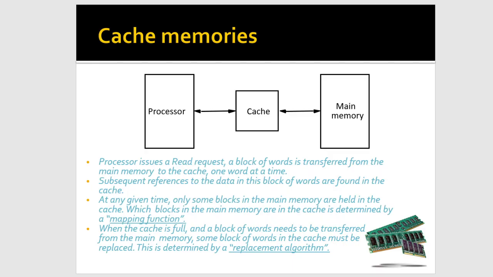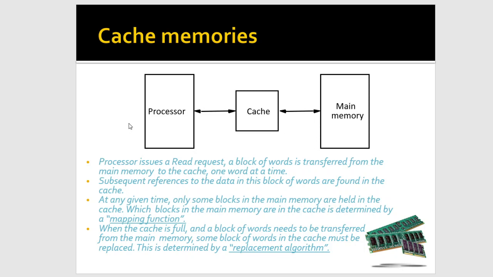So before starting with the mapping functions, let's have a look at the cache memory. Typically, cache is a memory, or you can say a faster memory, which is placed between the main memory and the processor. The processor is operating at a higher clock speed and is very fast, whereas the main memory is relatively operating at a low clock speed.